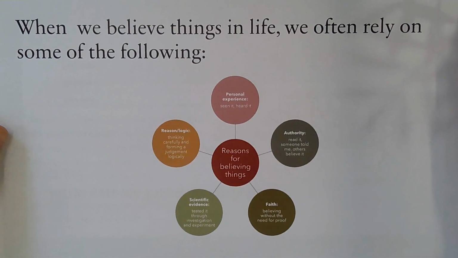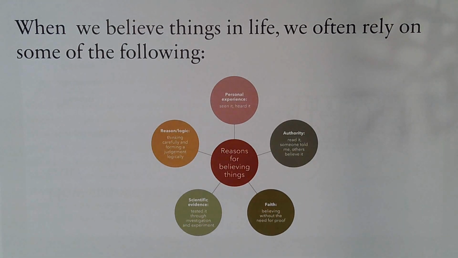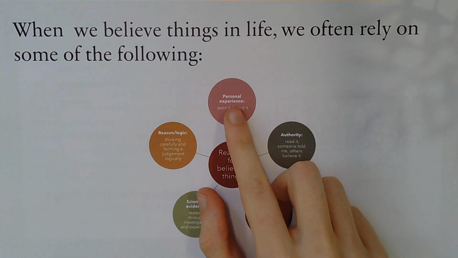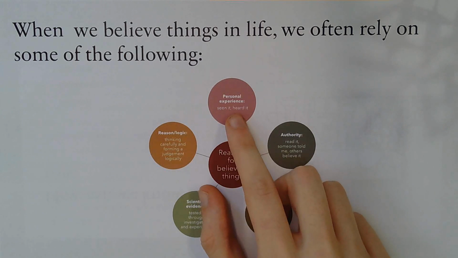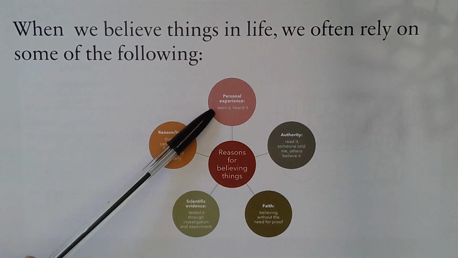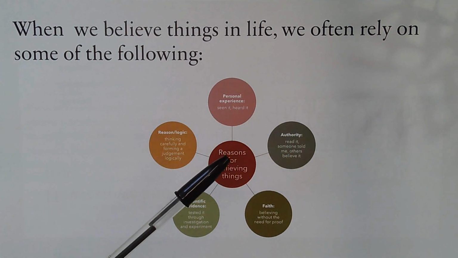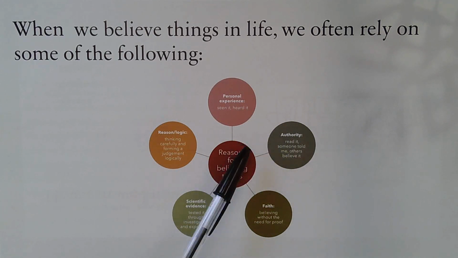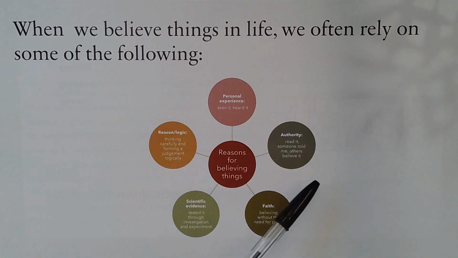So in everyday life, for everybody, we often rely on some of the following when we're deciding if things are true or not. Not just humanists, but everyone would often use this. We might use personal experience, whether we've seen something or heard it, and then we might believe that something is true or not. Authority. Maybe we've read it, or someone has told us, or others believe it.